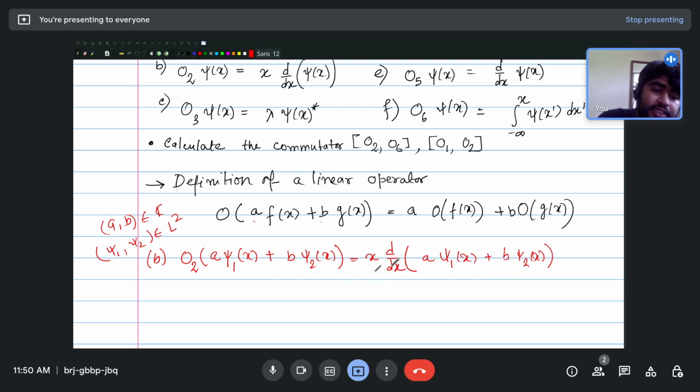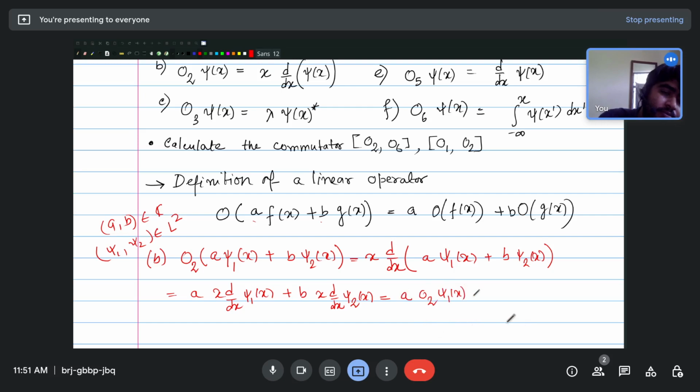You know the operation of this: it doesn't act on the numbers, it goes through the numbers and directly acts on the functions. So a x d/dx chi 1 of x plus b x d/dx chi 2 of x. Now we can recognize this part: x d/dx is nothing but O2 acting on chi. So we write it in terms of O2 again: a O2 chi 1 of x plus b O2 chi 2 of x.